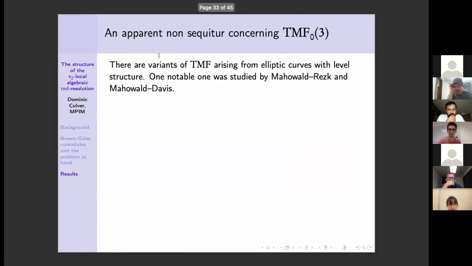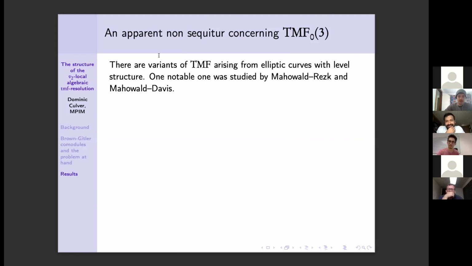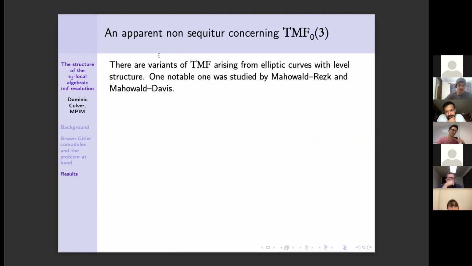And with that, I want to take a weird turn, and talk about TMF03. So TMF comes from elliptic curves, and elliptic curves have these things called level structures, which in turn give rise to variations on TMF. There's one really important one that was studied a lot by Mahowald-Resk first, and then also by Mahowald-Davis. That's this TMF03.